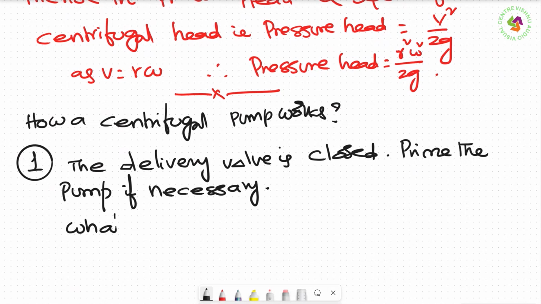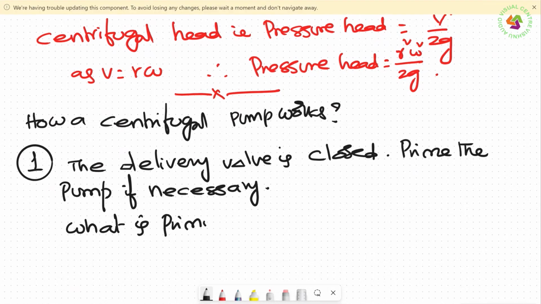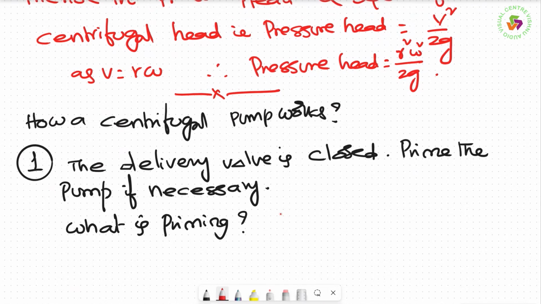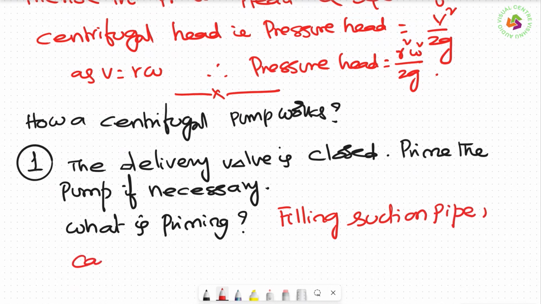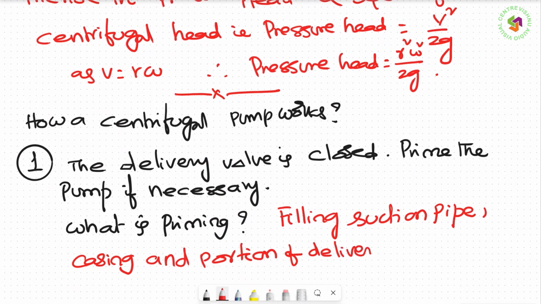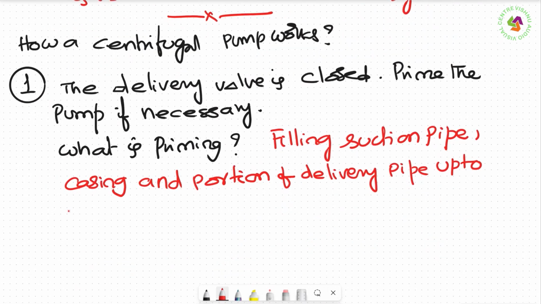Then what is priming? Filling suction pipe, casing, and portion of delivery pipe up to delivery valve is called priming.